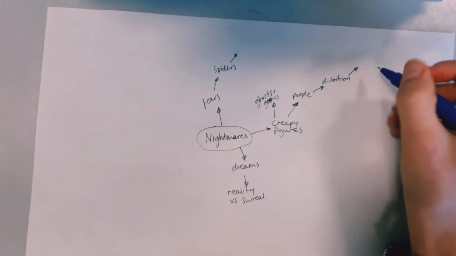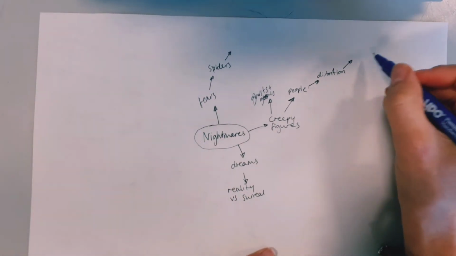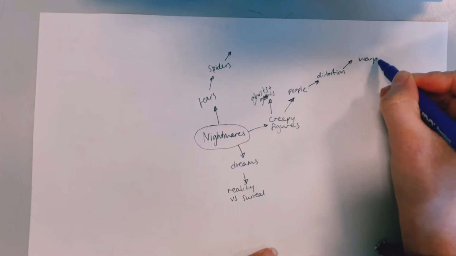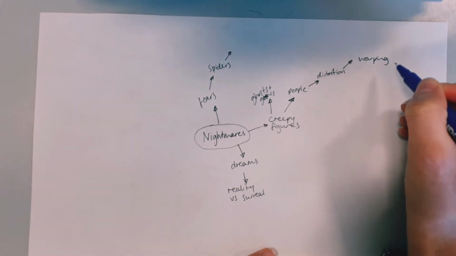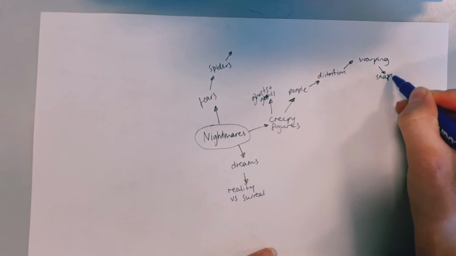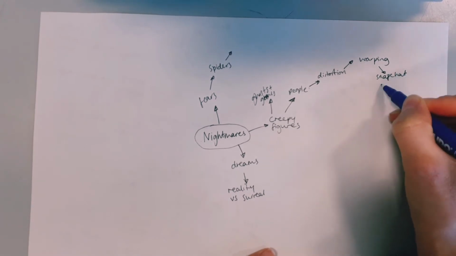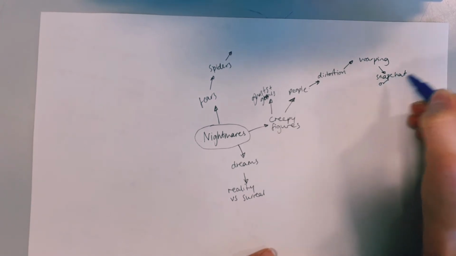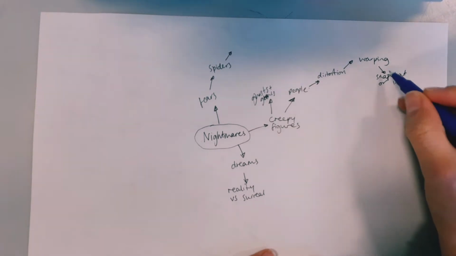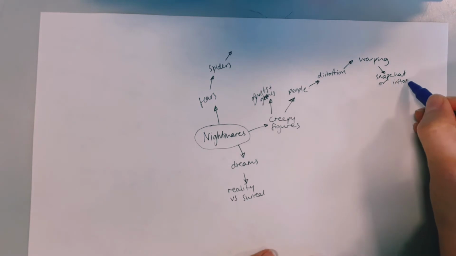So distortion, you could think about how could you distort a photo. You could use warping apps, so you can warp and stretch something. Maybe there's even something on Snapchat or Instagram, like these filters where we've got warped distortions.